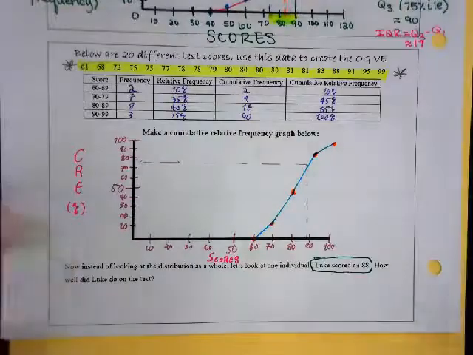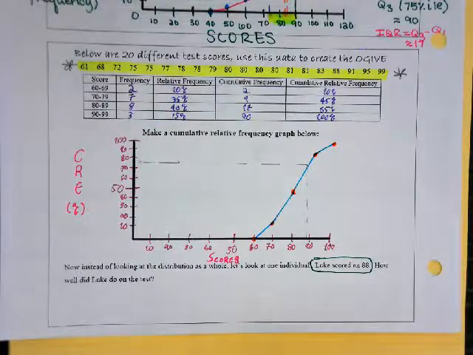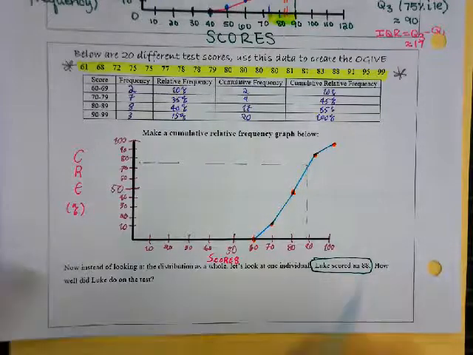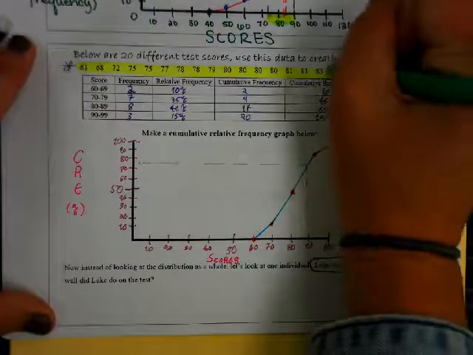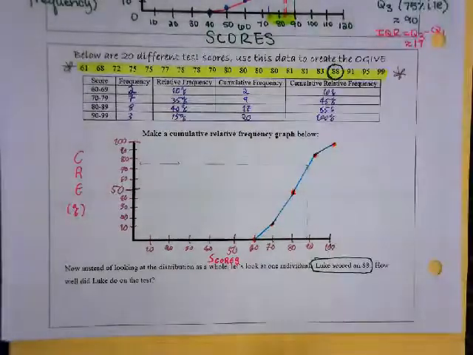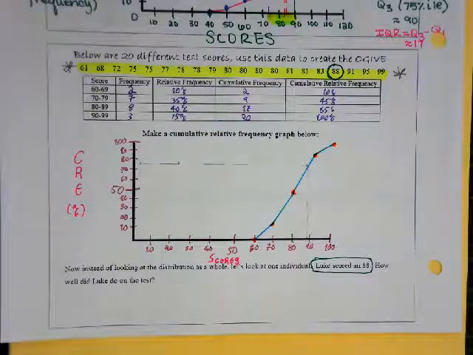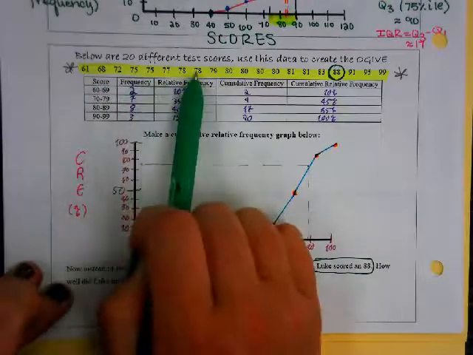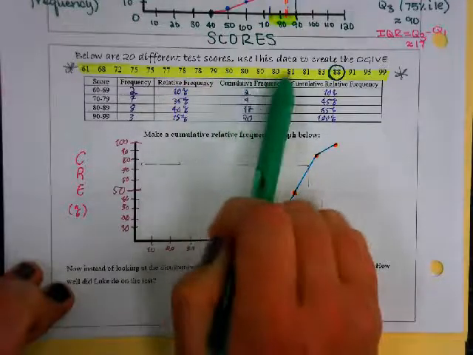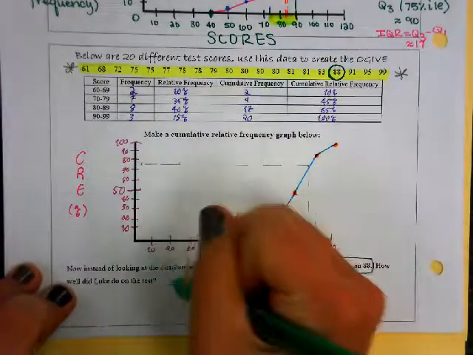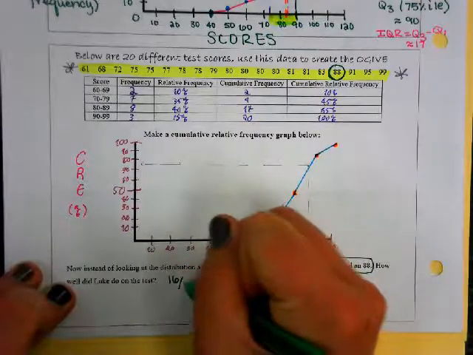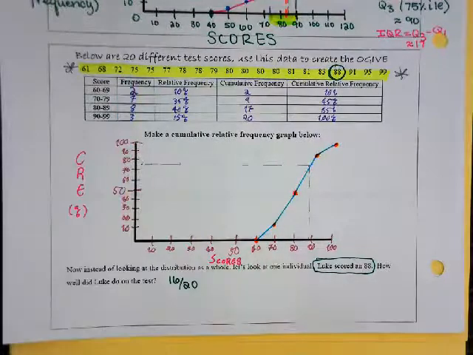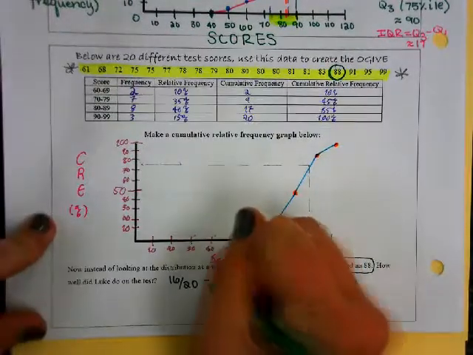So it tells us that Luke scored an 88, which is this one right here. So Luke scored better than 1, 2, 3, 4, 5, 6, 7, 8, 9, 10, 11, 12, 13, 14, 15, 16 of his peers. And if we take 16 divided by 20, because there were 20 test scores, we find that that's 80%. My line was not at 80.